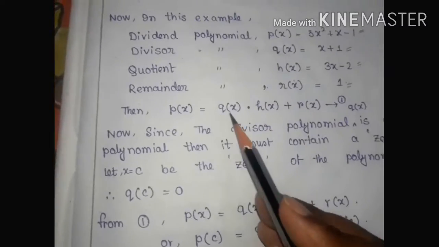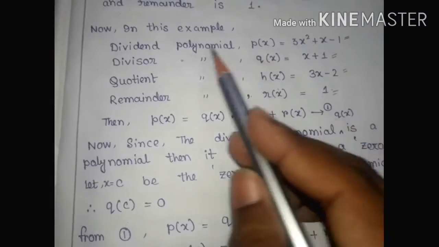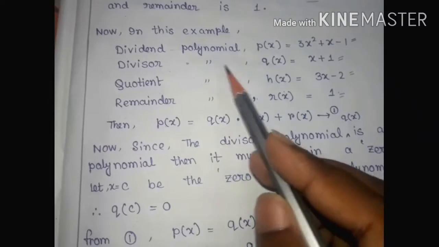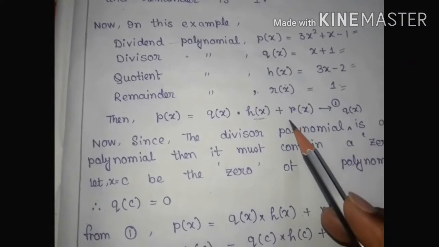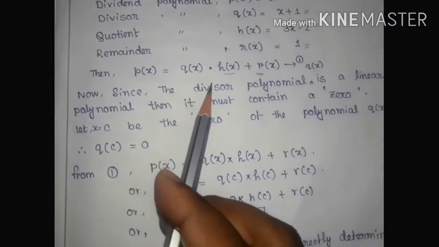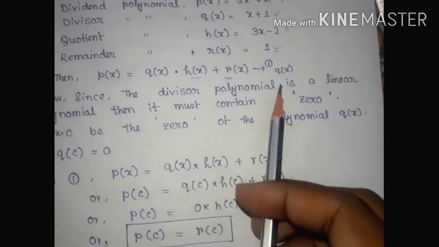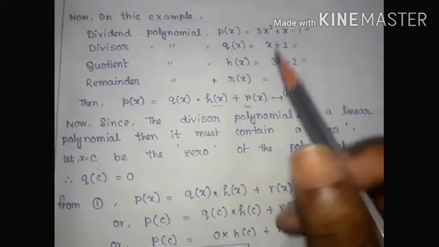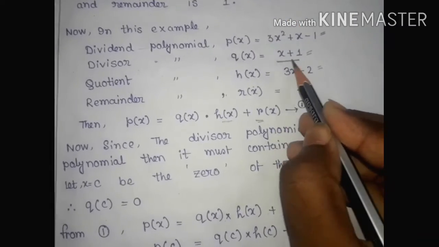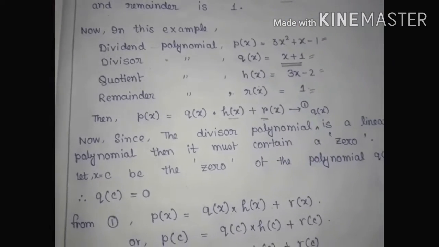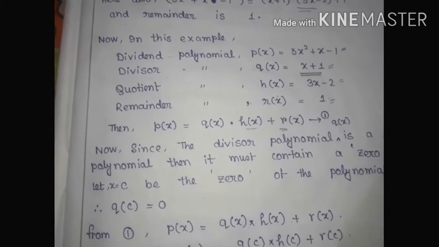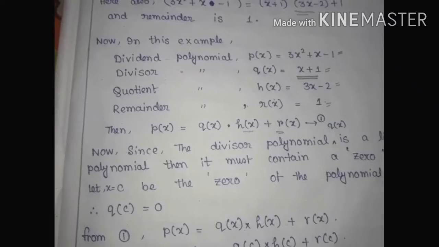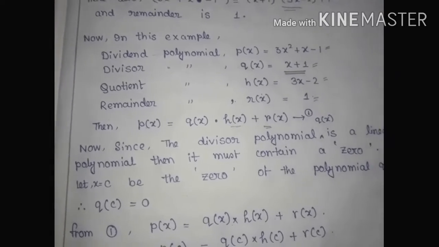Then px equals qx into hx plus rx, that is, dividend polynomial equals divisor polynomial into quotient polynomial plus remainder polynomial. Since the divisor polynomial qx is a linear polynomial, from our property in the last class we learned that it must contain a 0.